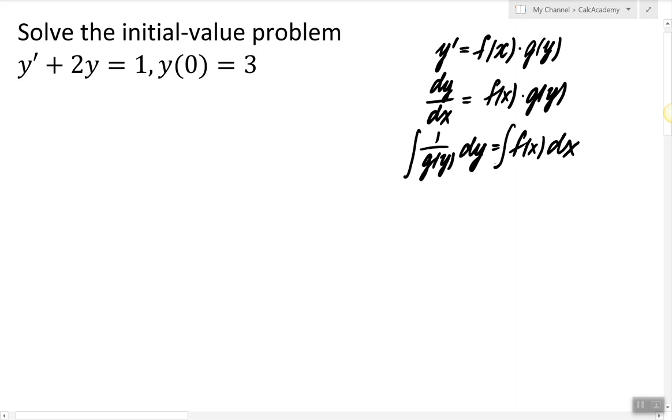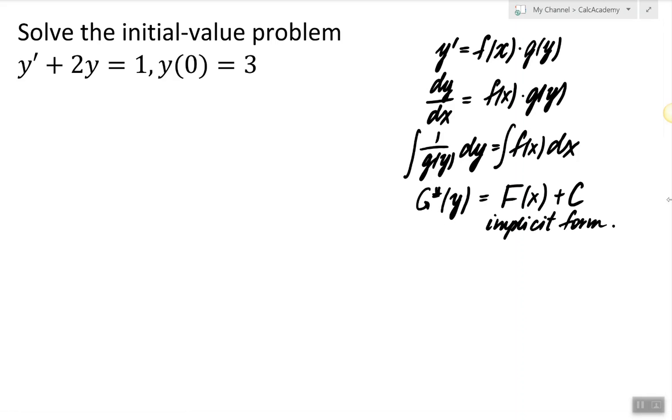After we find the antiderivative of the reciprocal of g and the antiderivative of f, we can say that we have our answer in implicit form. If possible, we would isolate the function y in that equation to obtain the explicit form solution.